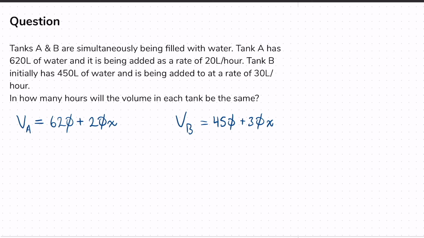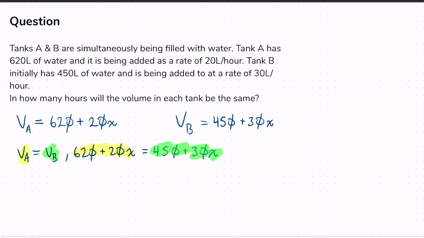Well, we're looking for the situation where the volume in tank A is equal to the volume in tank B. Another way of writing this is that 620 plus 20x is equal to 450 plus 30x. This is equal to this, and this is equal to this. It's just expanded or substituted in different values.